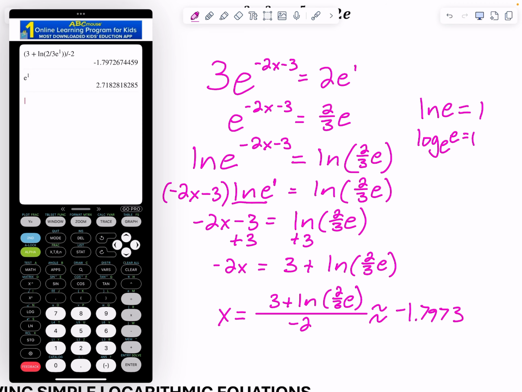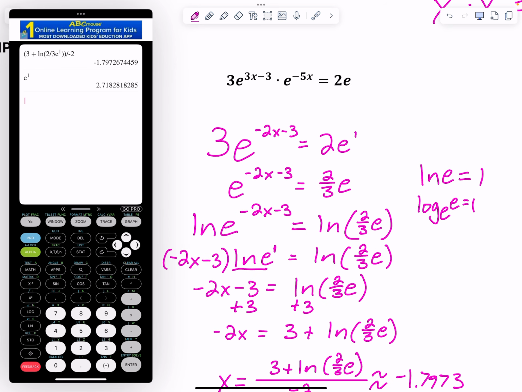Would this be the same problem if it was written with different numbers as the base? Almost the same, right? Yeah, you do the same, except instead of using an ln, you use log base 10. I only use ln when I have the e. Otherwise, you're going to use base 10. Let me give you a problem like that.